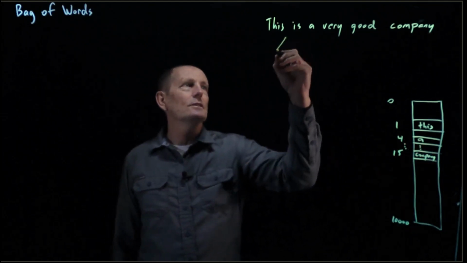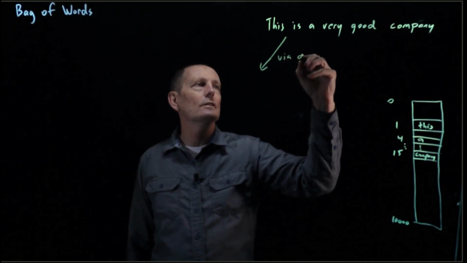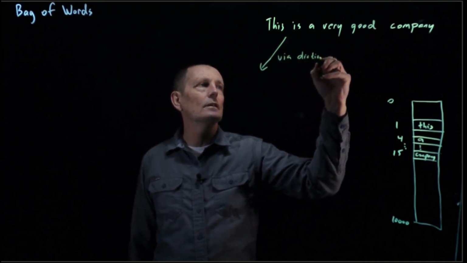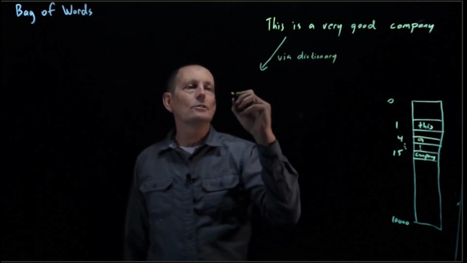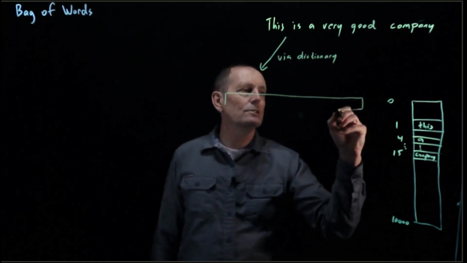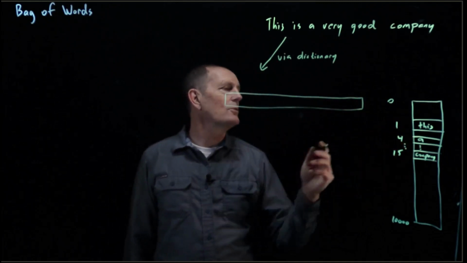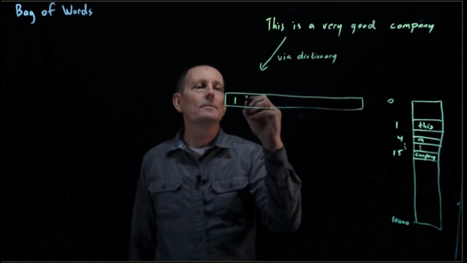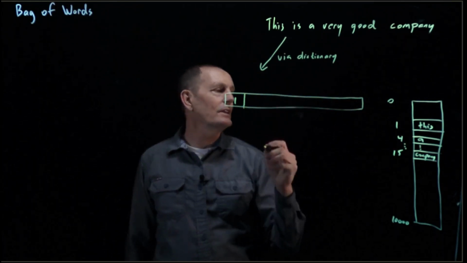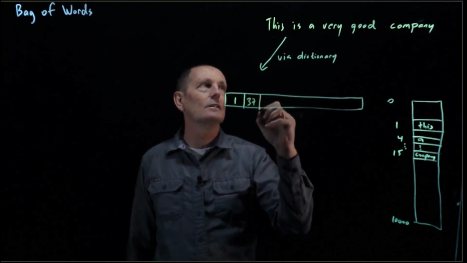So this we could convert via the dictionary to a vector of numbers, which are the indices here. So this, let's say, might be the number 1. And then we might have is, I'm not sure what number that is, 37.